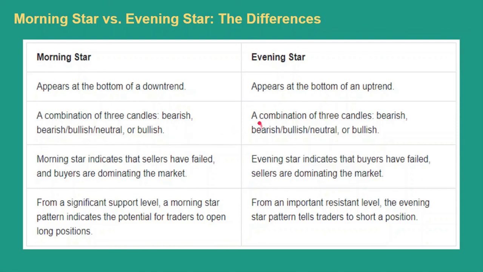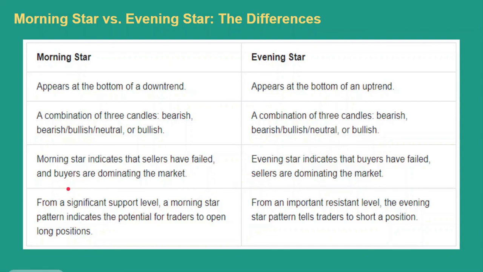In the evening star, a combination of 3 candles, we have a bullish, then the second one can be bearish, bullish, or neutral. By bearish or bullish, I mean it can be either a green candle or a red candle. And the third candle should be bearish.